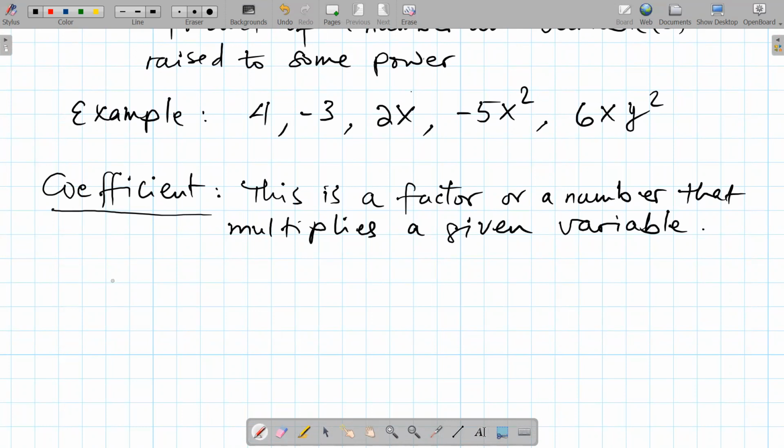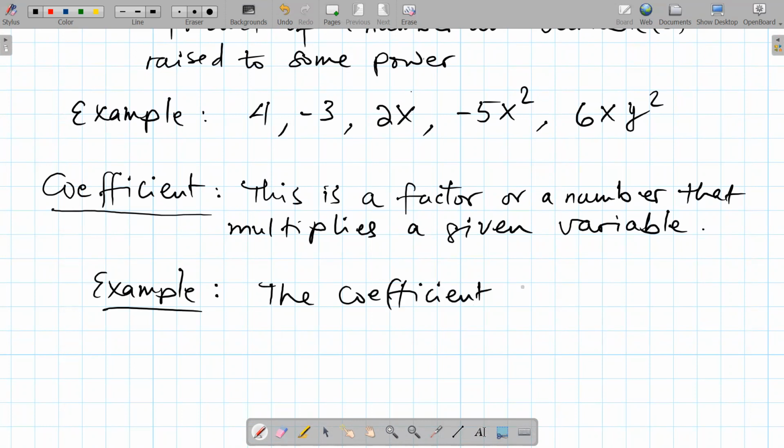So for instance, if I gave you the coefficient of -3x to the third, it is -3, because it is the number that comes before the variable. So it's a factor or a number that multiplies a given variable.